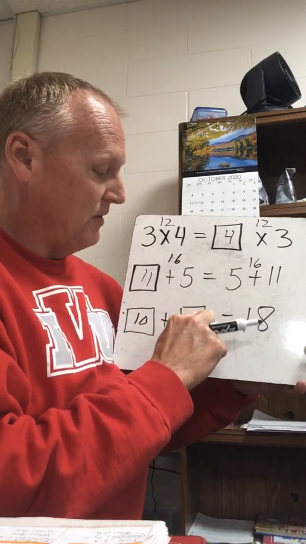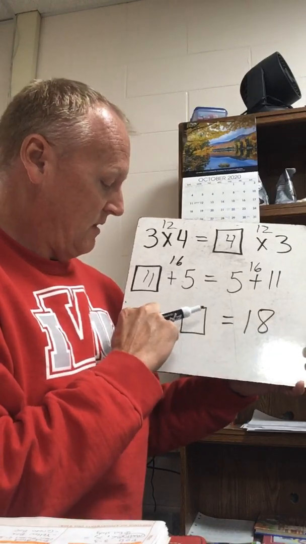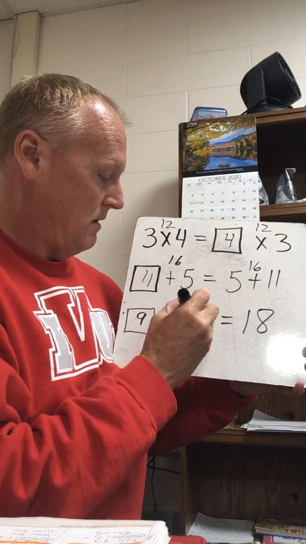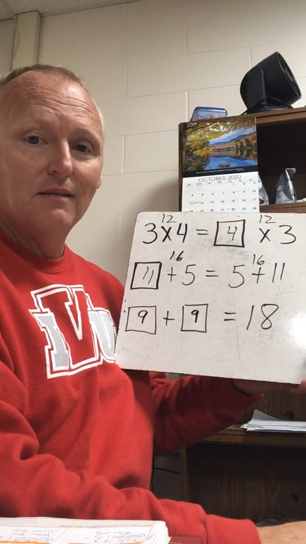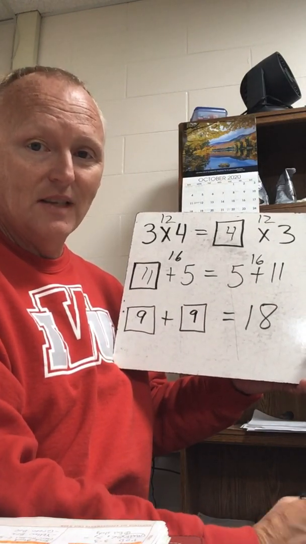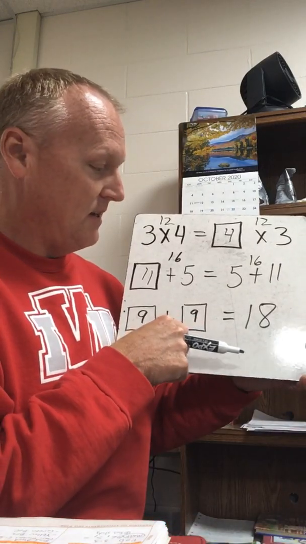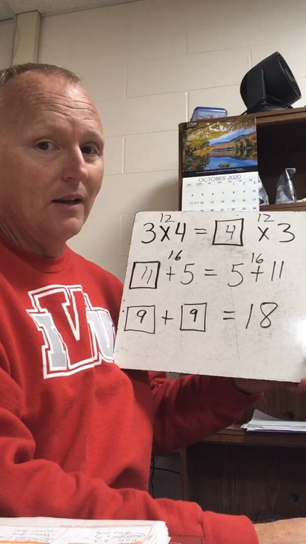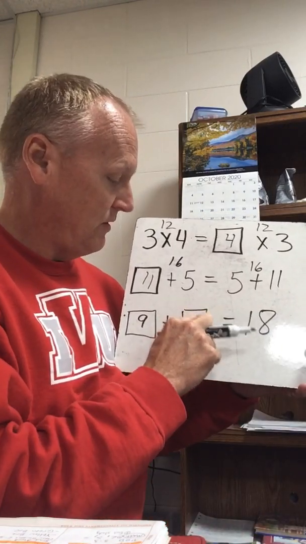There are other possibilities. Instead of doing 10 plus 8, could we do 9 plus 9? Does that equal 18? Yes, it does. So we could have 18 equals 18 by using 9 plus 9. Are there any other possibilities? Sure there are.